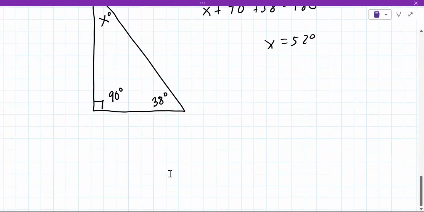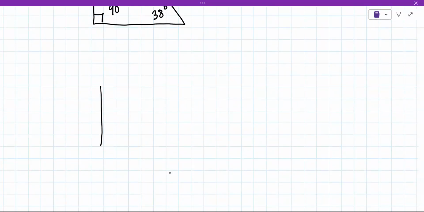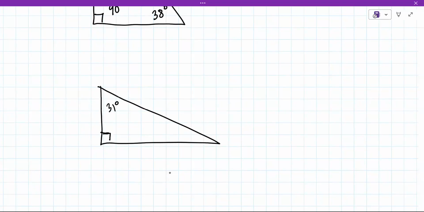Okay. So here's another right triangle, and say that this is 31 degrees.